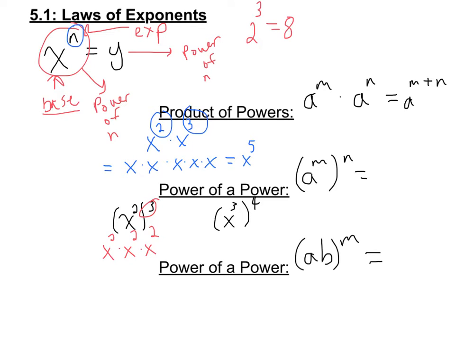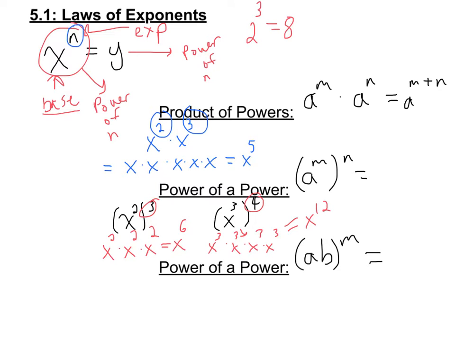And then using our first property up here, product of powers, we simply add those exponents and we get x to the sixth. Similarly here, this will become x cubed, x cubed, x cubed, x cubed, multiplying 4 times, okay, based on the exponent of 4. And then using our first property, this will simply equal x to the 12th.